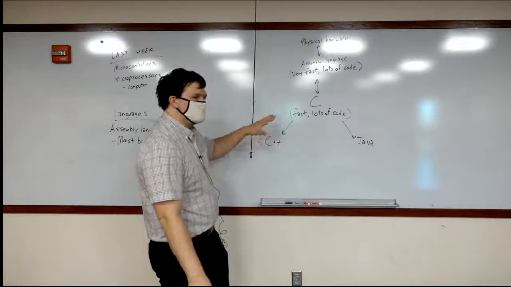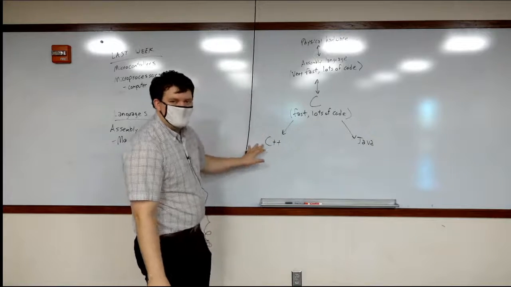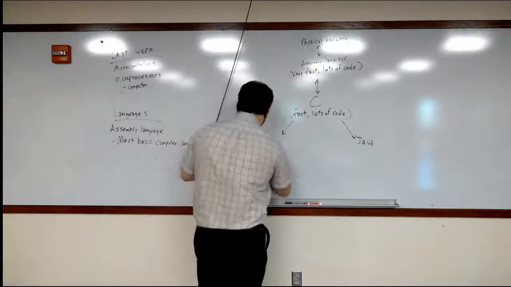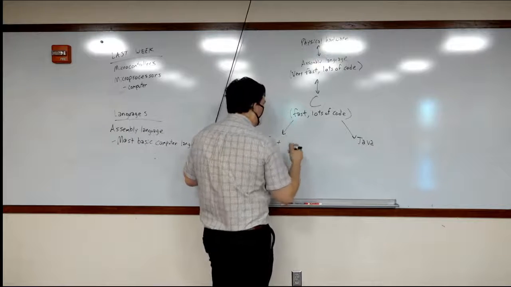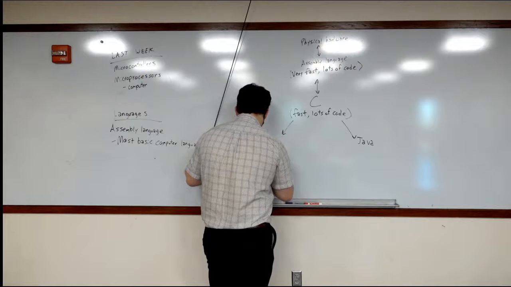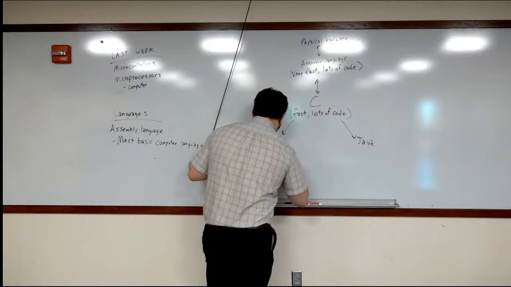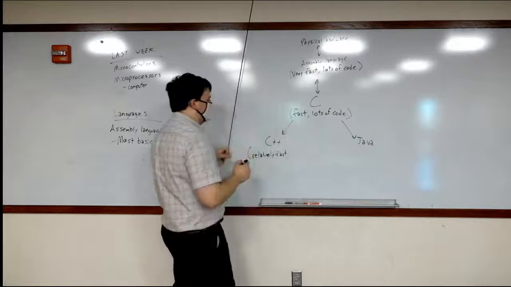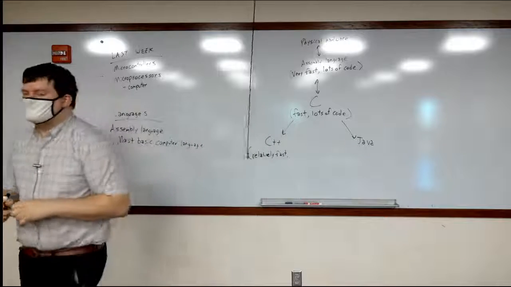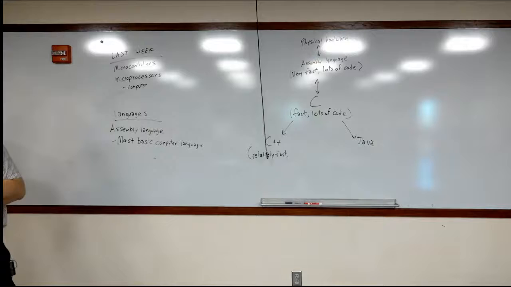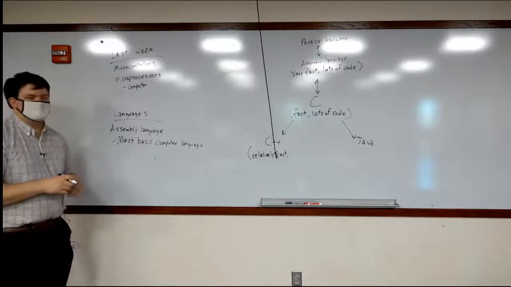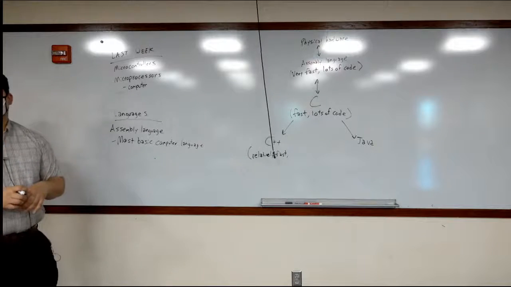So now we're getting to a much higher level language. Now they're still relatively fast. But the idea here is that it's much faster to program. It takes fewer lines of code, and there's more functionality.